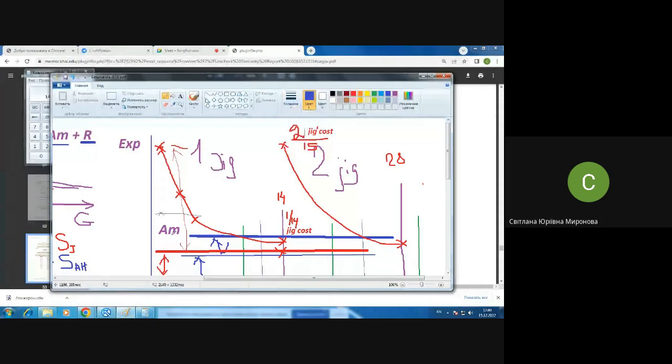It approximately corresponds to this value. So it's less, it seems. You have a point somewhere here.